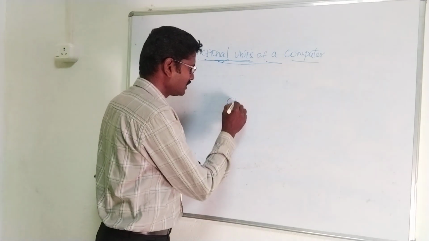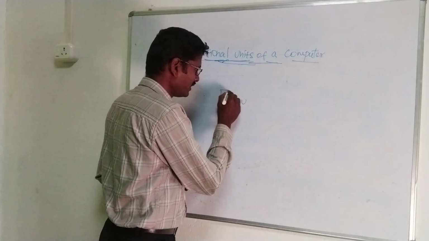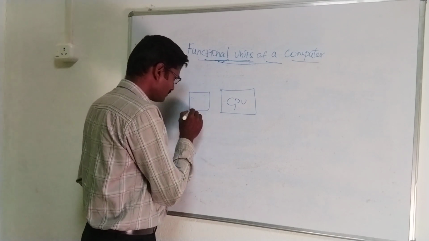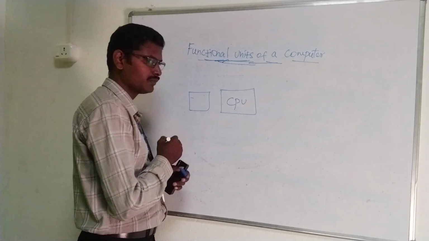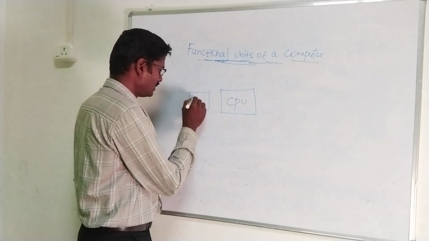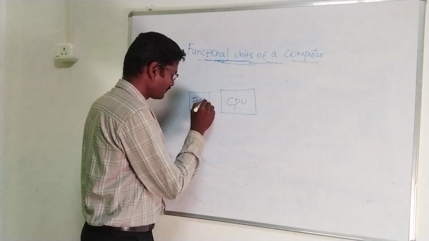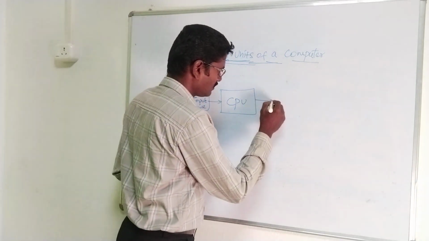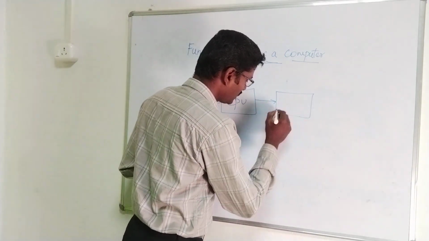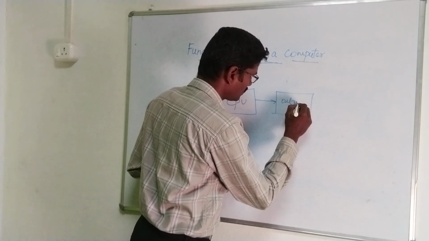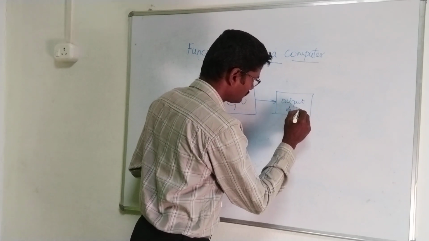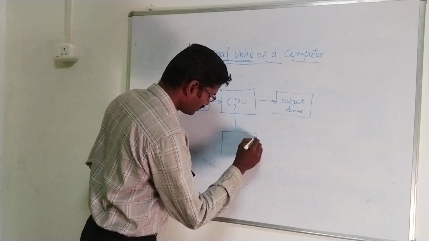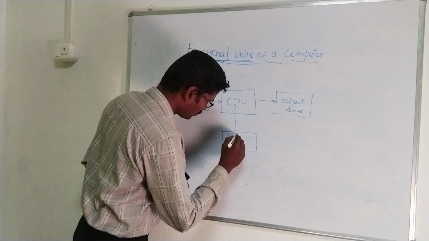So we already know the CPU. CPU means central processing unit, which is the unit that performs the arithmetic and logical operations, and the input device. Next, the performed output will be seen in the output device, and the CPU is controlled by the control unit.